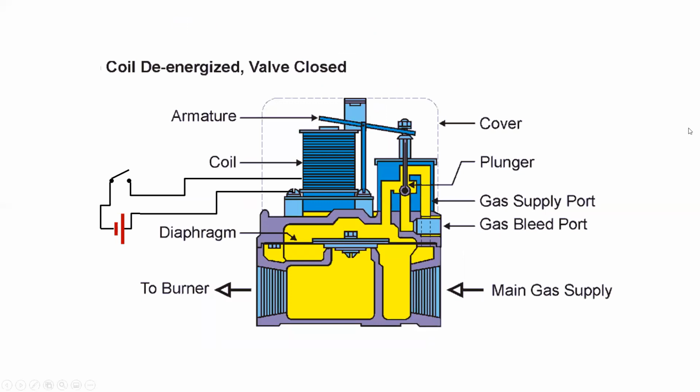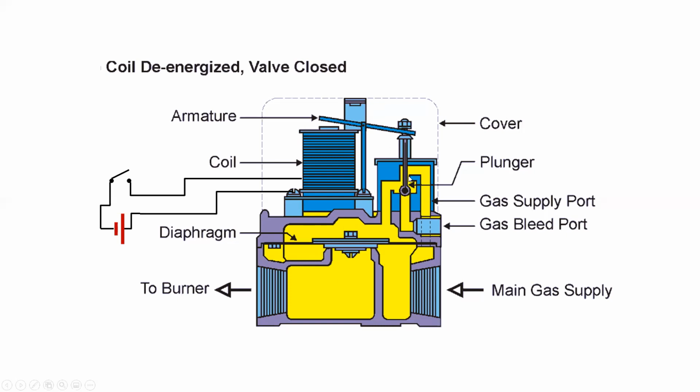In a situation like this, the plunger itself is not actually moving the main orifice. The diaphragm here is a flexible rubber plate or rubber membrane that connects to a rigid plug. If the pressure above and below the plug are equivalent, then the plug remains in its downward position and no gas flows.